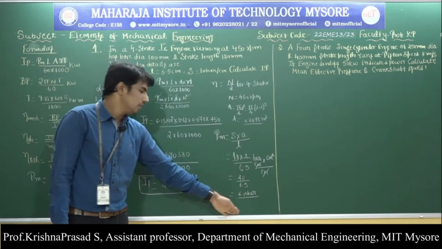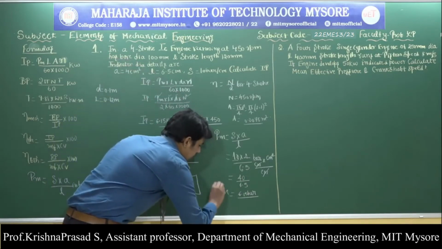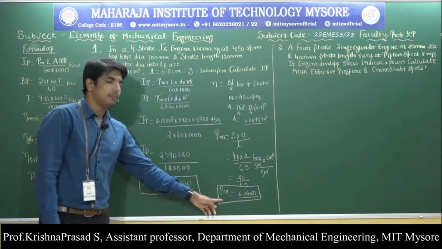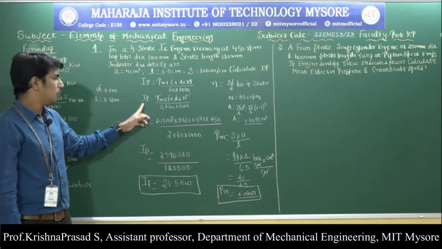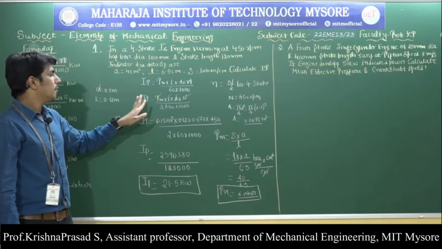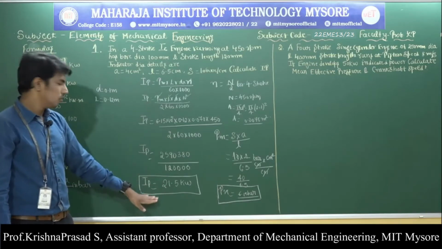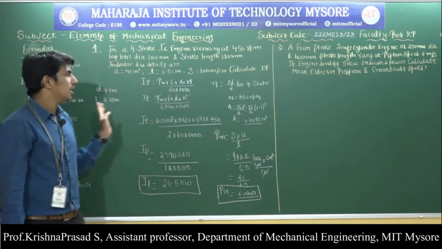Directly substitute and get the value of mean effective pressure in terms of bar. Substitute the PM in the indicated power formula and get the indicated power value, that is 21.5 kilowatts. So this is numerical 1.